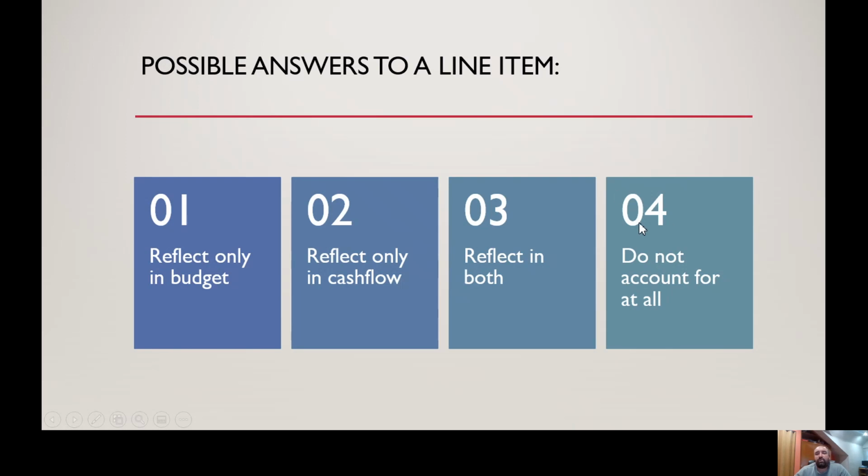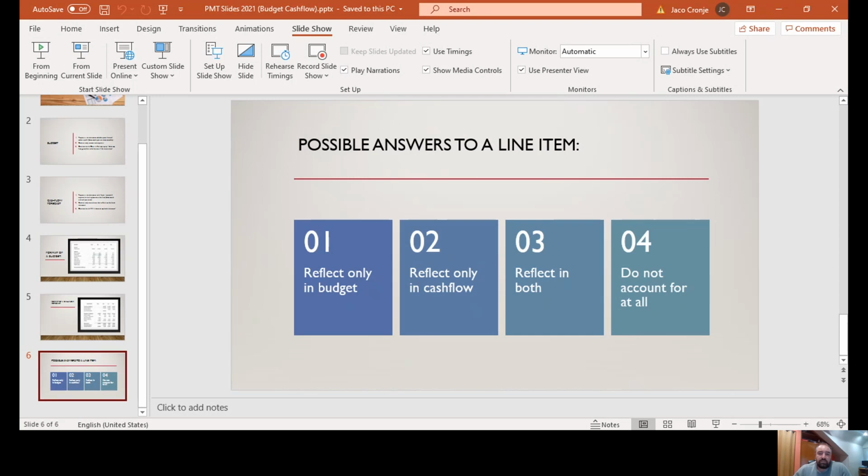And in option 4, we've got an option to say not at all. It might be info about things that could happen in future or has happened, but there's no transaction to be accounted for. So that's our 4 options. Is it budget only, cash flow only, both, or none? Okay, so the best way to do this will be to run through a little exercise.